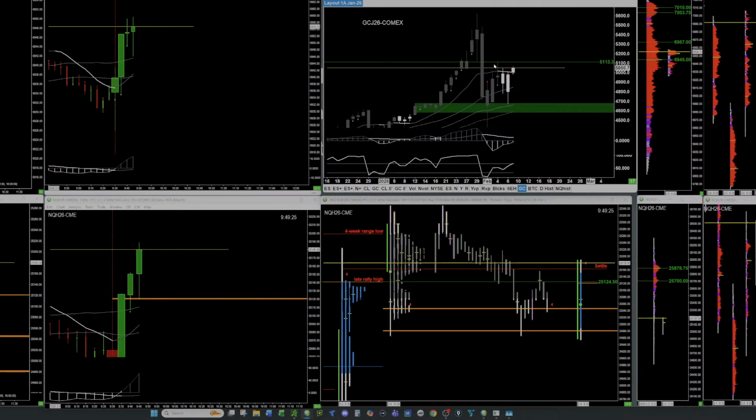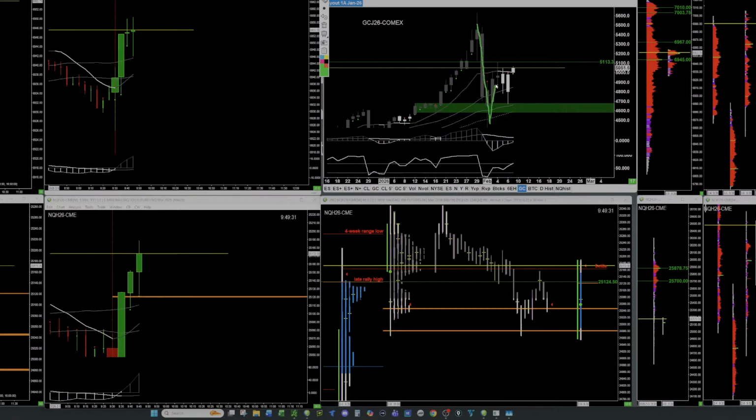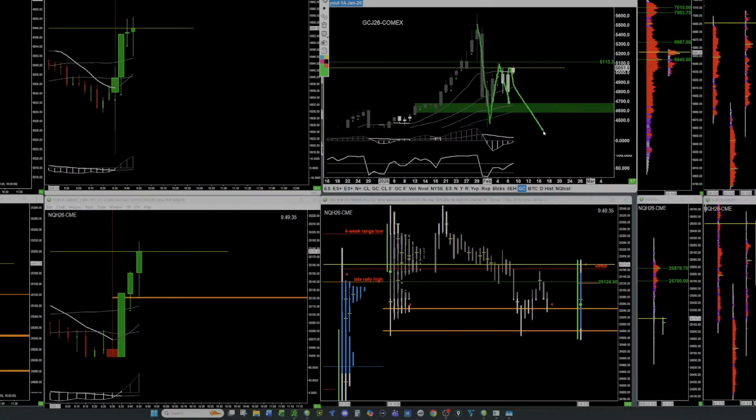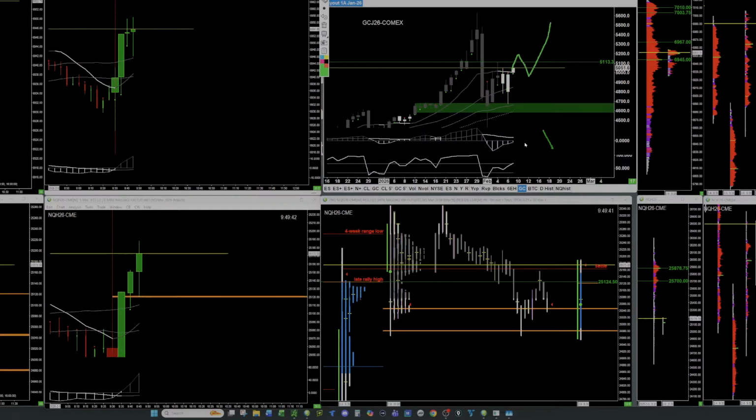What the market does with that high, because that will be like, look at this. Or if this high is taken, you can have something to the upside.